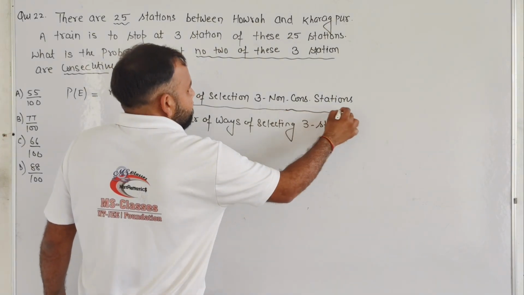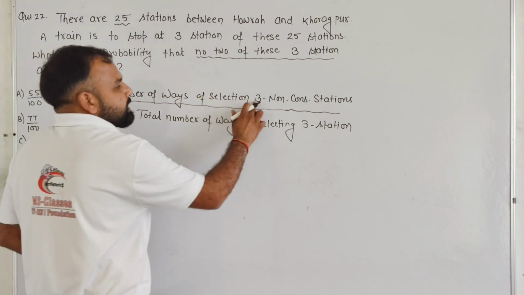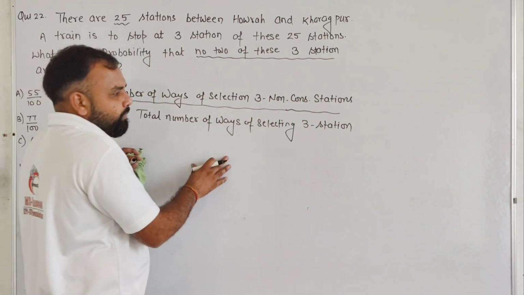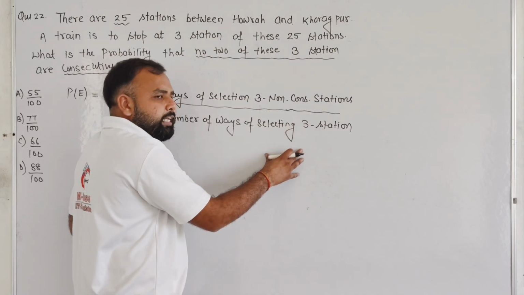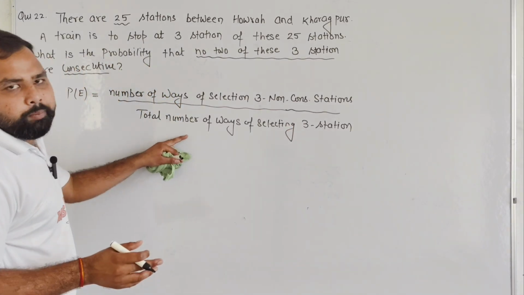That means these are the number of favorable cases in which three stations are non-consecutive, but the total number of cases includes three stations that are consecutive as well as non-consecutive.